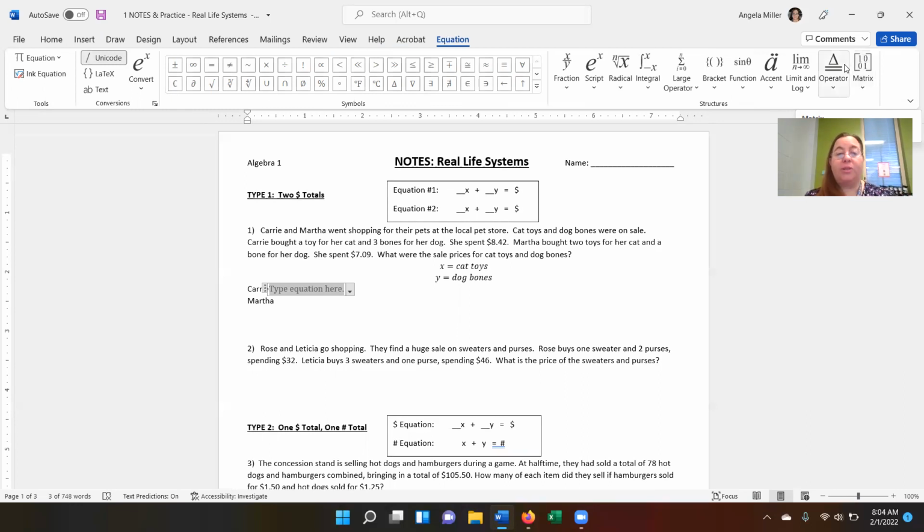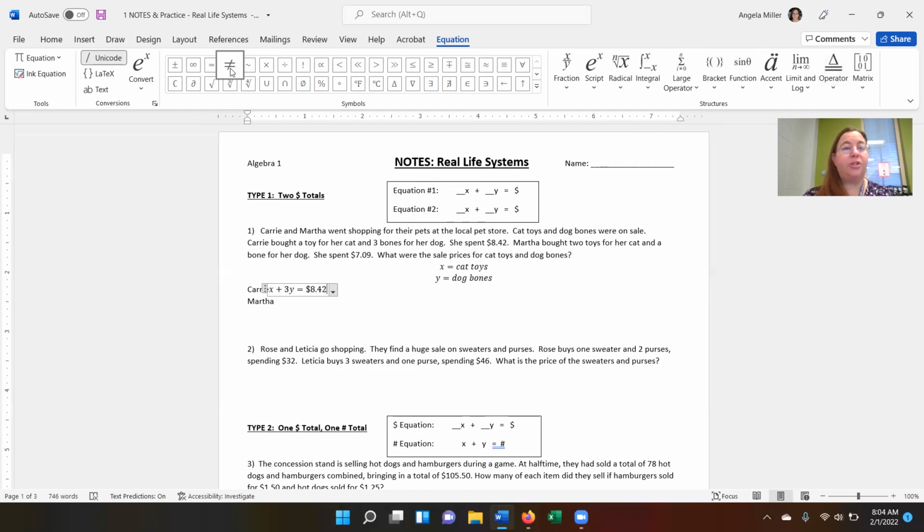So I know cat toys are X and dog bones are Y. If she bought a single cat toy, then that's just X. And then she also bought 3 dog bones, so that's plus 3Y. And she spent a total, which is equal, of $8.42.